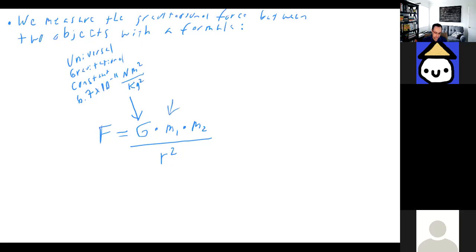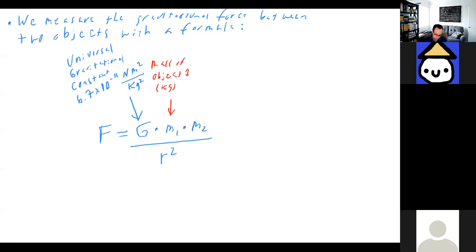And this guy over here, and I'll use red to point to this guy, is the mass of object 1. Okay, it's in kilograms.